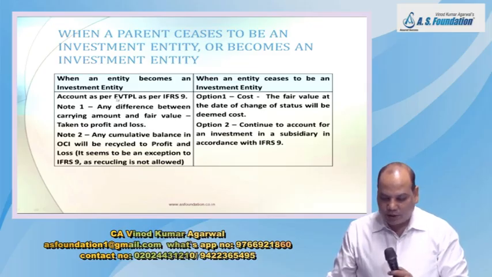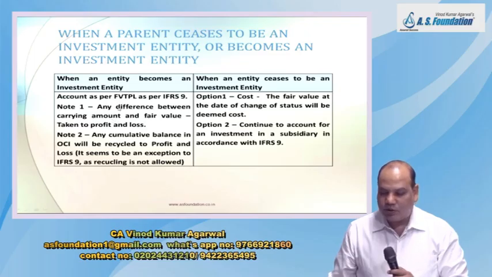Note number 1. When you categorize it as FVTPL, there may be some difference between the carrying amount and fair value. Suppose you are carrying it at cost and now you are measuring it at FVTPL. So the difference will be transferred to profit and loss account.